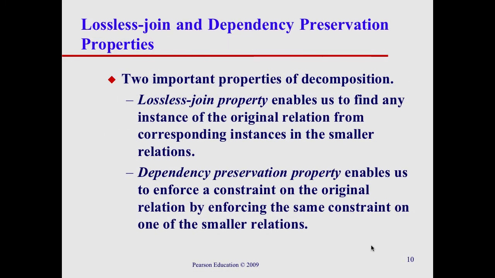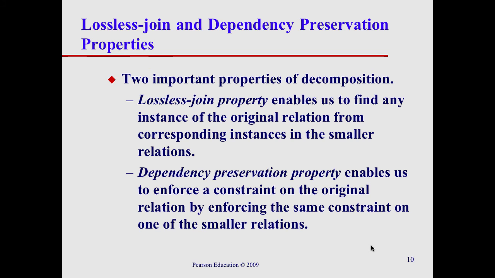Okay, and when we do normalization, when we do our decomposition, we want to make sure that when we break a relation into two or more relations, we can join those relations and recreate the original relation. So we lose no information, hence the word lossless join.